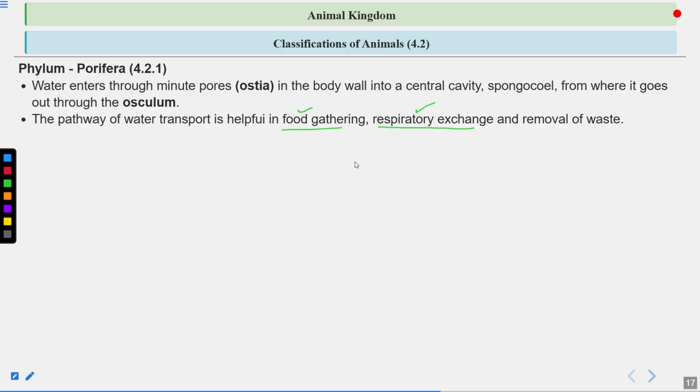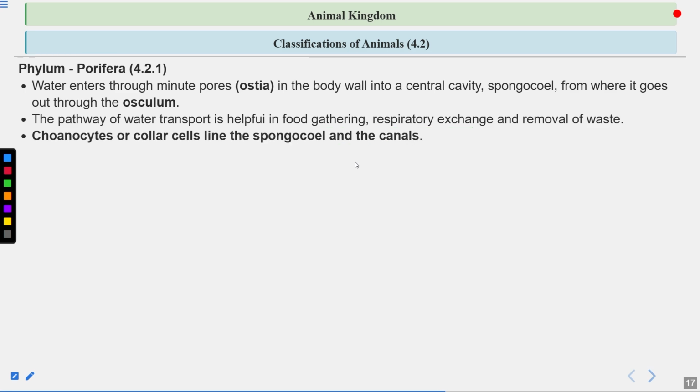So that is captured by the cells, right? So this water transport system is helping in capturing the food, respiratory exchange, and not only that, removal of waste also. The waste material is withdrawn in the spongocoel cavity, and from the osculum all the waste material passes out, right?